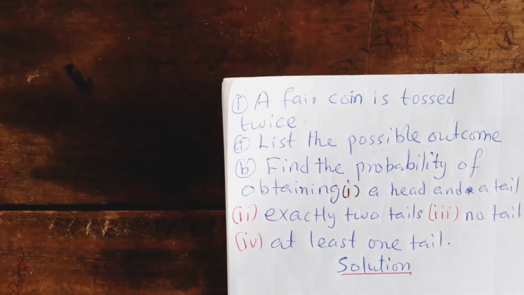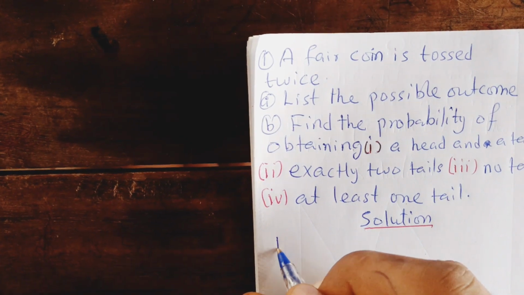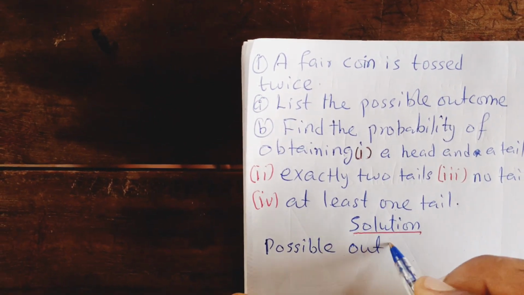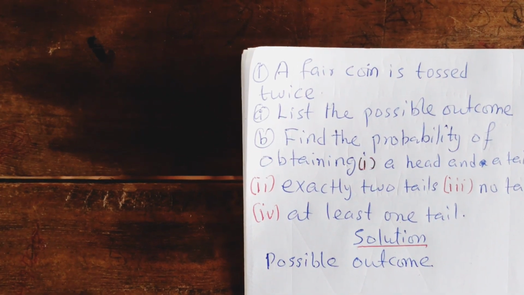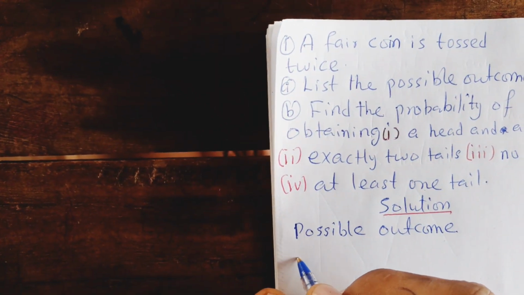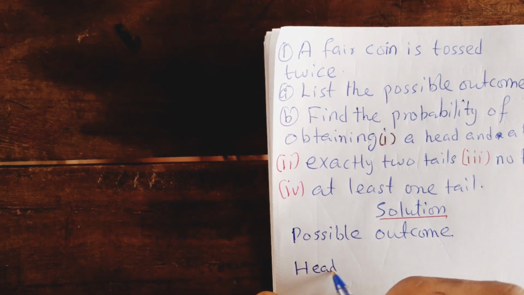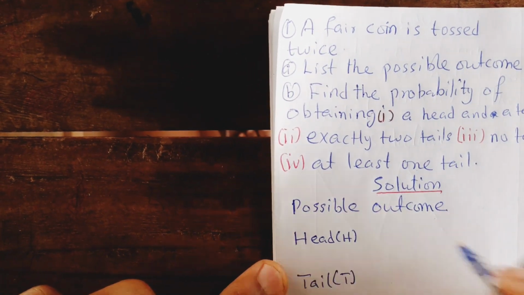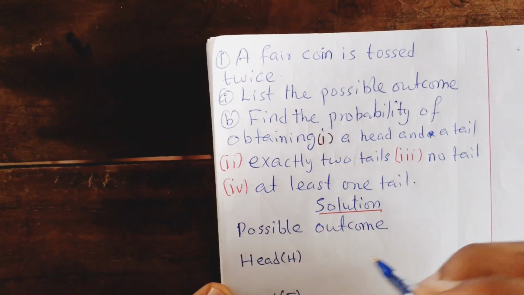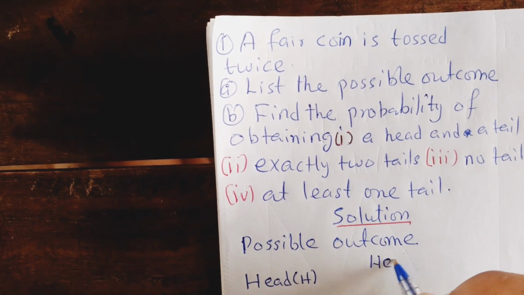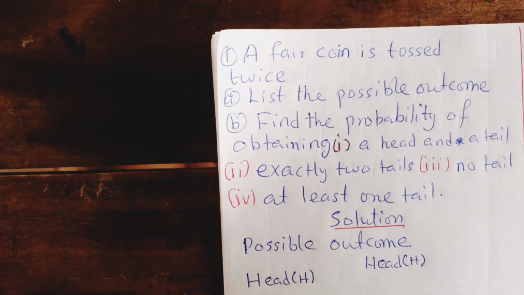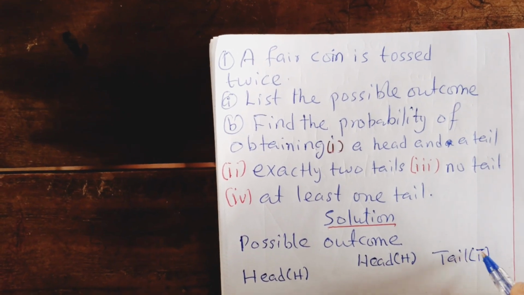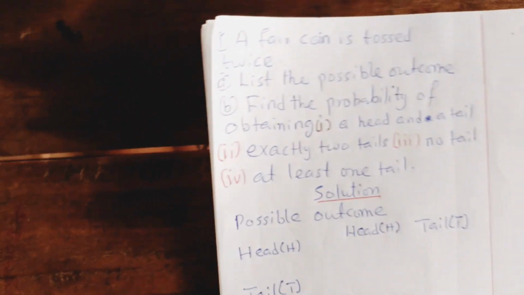So when you toss it once, the possible outcome will be a head, that I'll use H, and a tail, I'll use T. At the same time, when you toss it the second time, it will be head, that is H, or tail, and that is T. So I can draw a table to construct my answer.